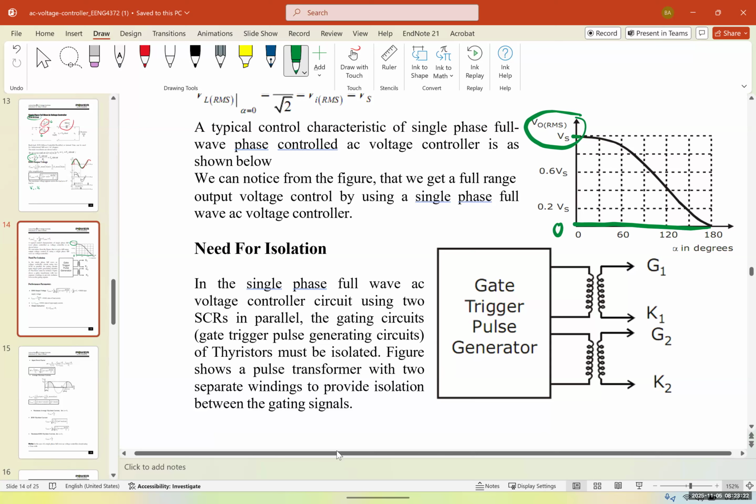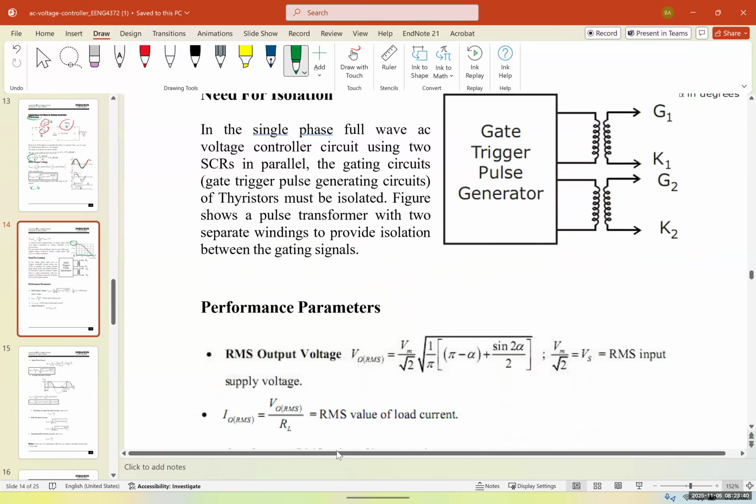And this figure shows a pulse transformer with two separate windings to provide isolation between gating signals. And by the way, we want to be able to synchronize these signals. So when one turns off, the other one immediately turns on. But we want to have control over them as well.